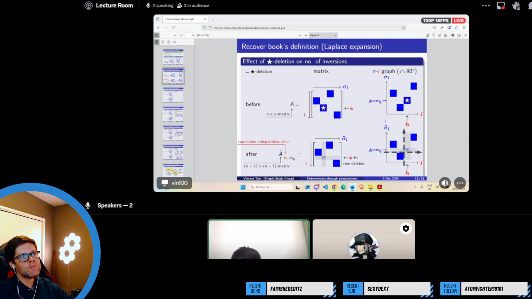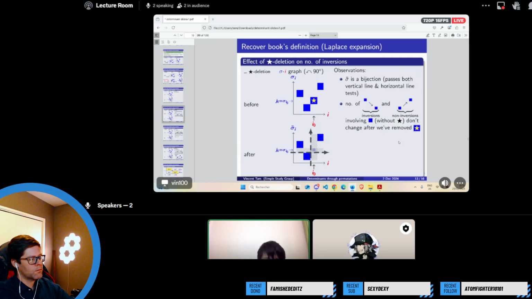And we observe that the number of inversions, that is the cells that go right and downwards like this, doesn't change if it doesn't touch the star. This is really graphically intuitive.